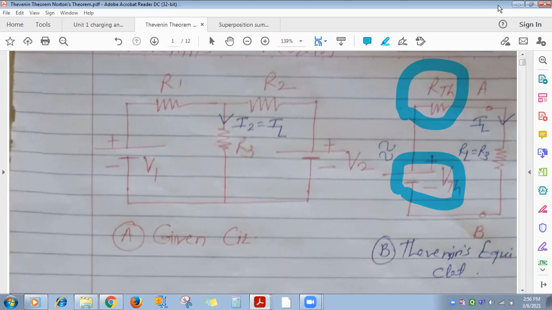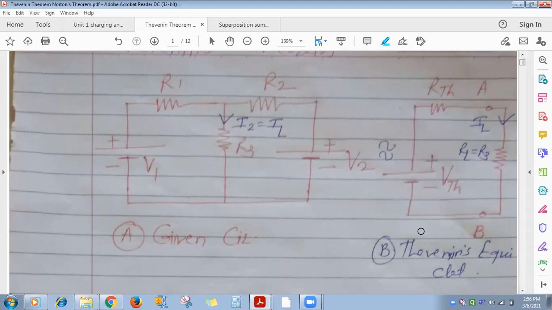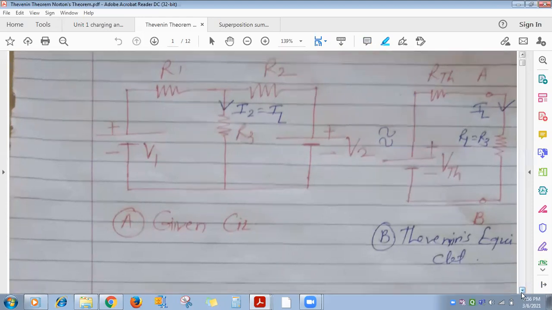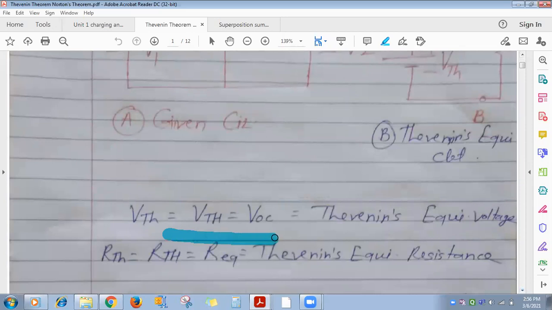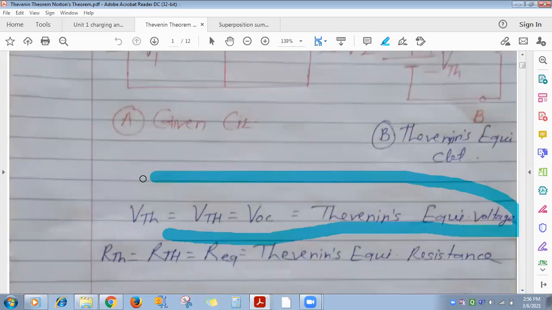Rather than VTH, you will find in some books VOC also used, V suffix OC, or V suffix capital TH.